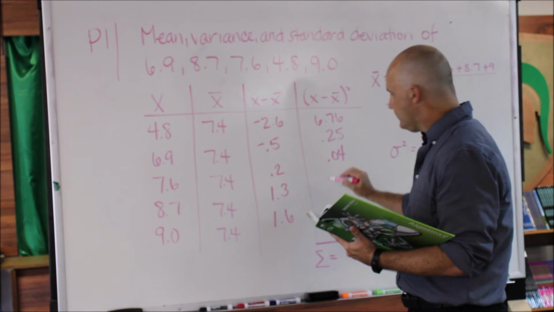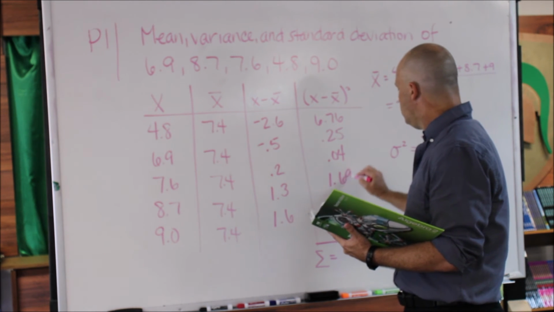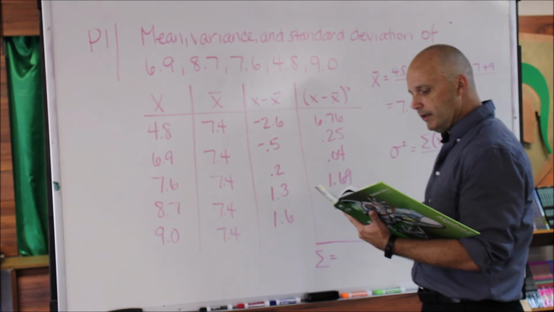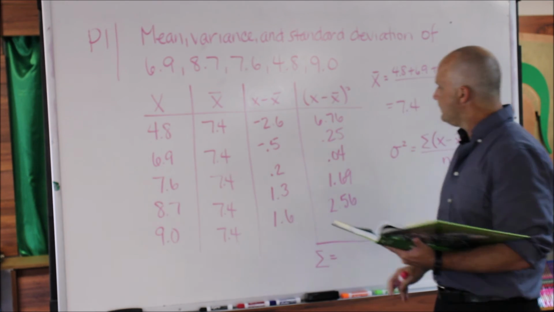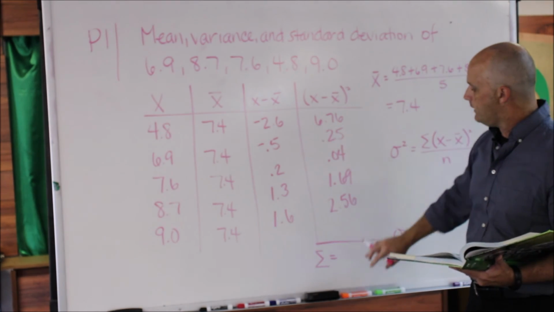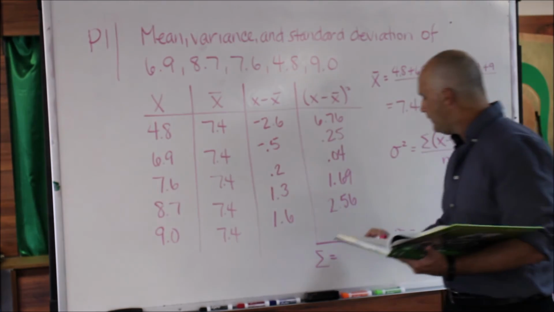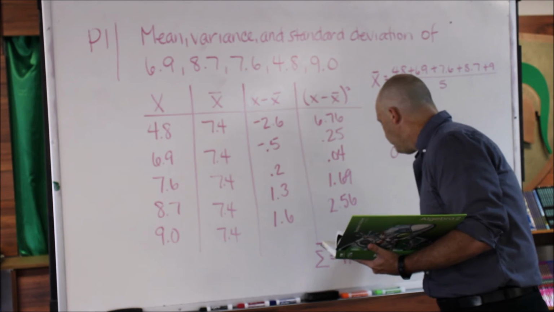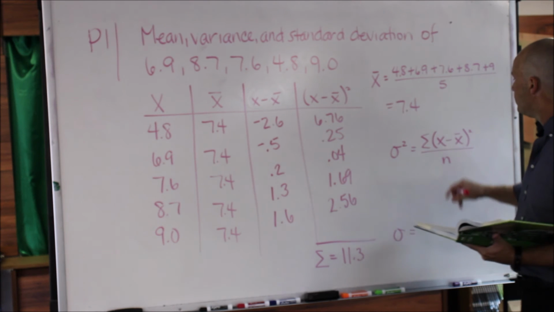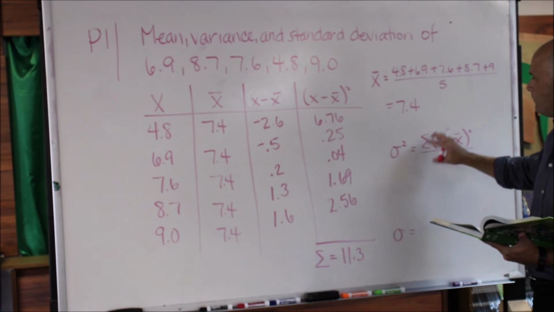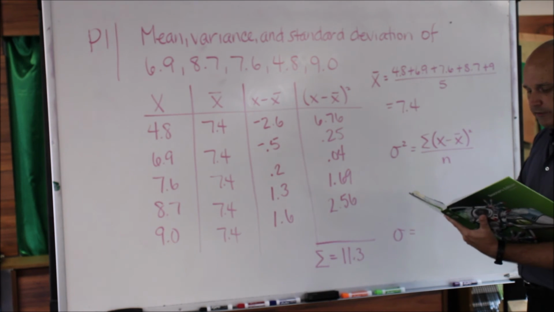And then 1.69, and then 2.56. The next thing that we're going to do is take all of these values and add them together to get the sum, and that's going to give us 11.3.